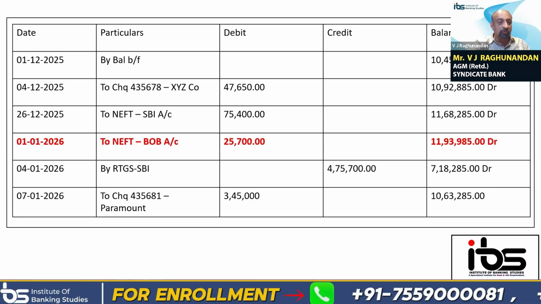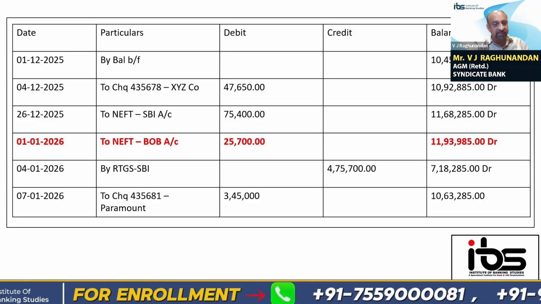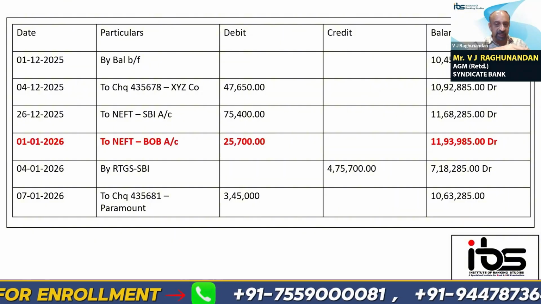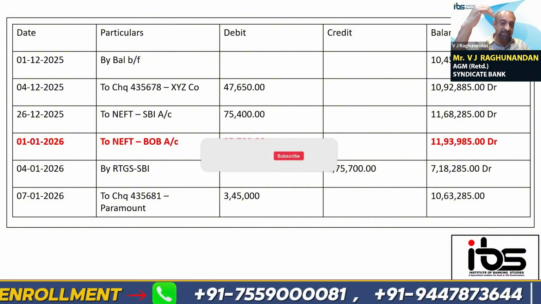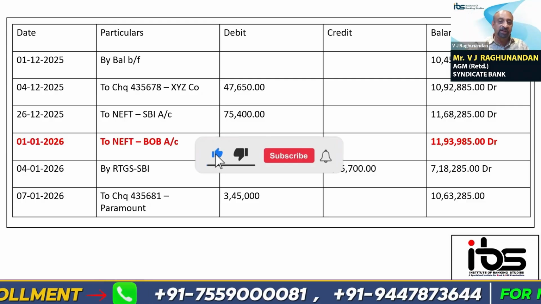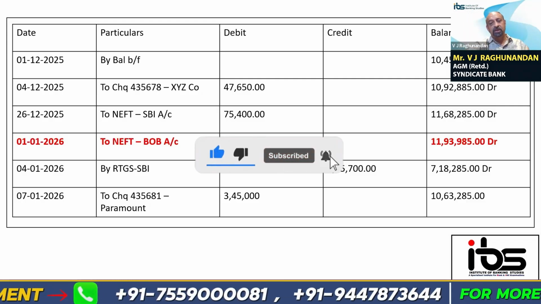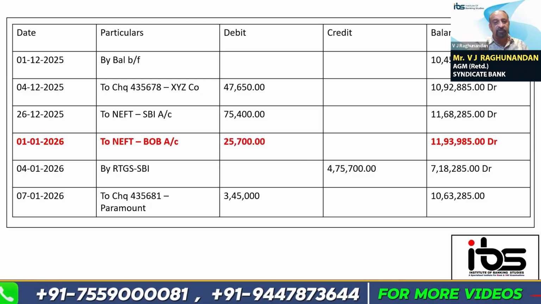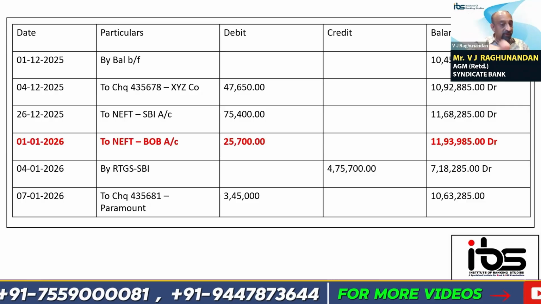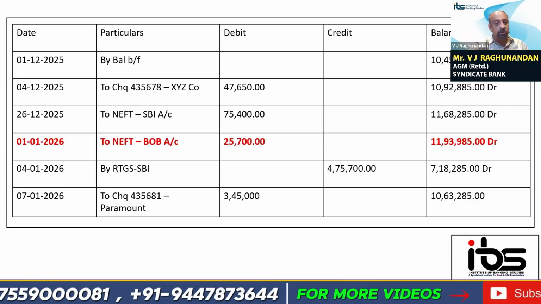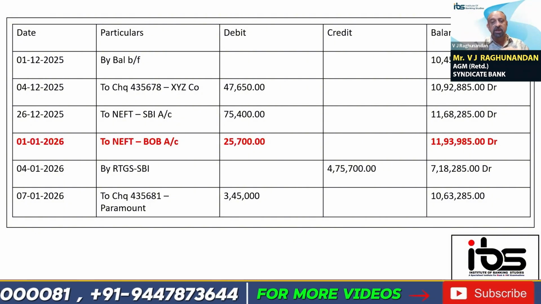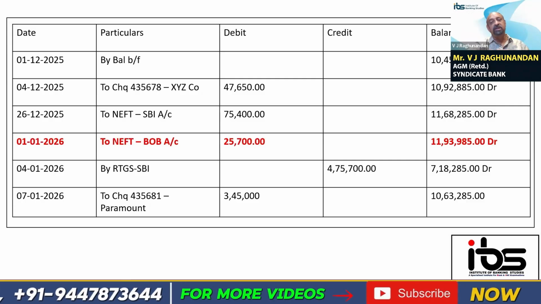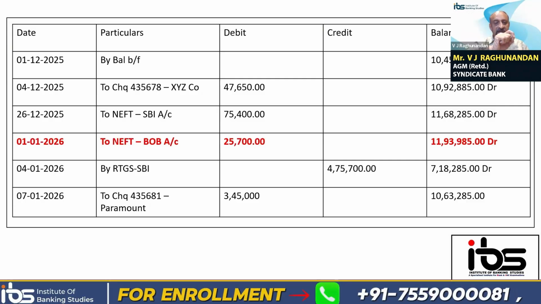But now, as on 4/1/2026, after his death, you have given a credit of 4,75,000 into the account. That means his legal estate will be liable only for 7,18,000 now. Even though the next day you have passed another cheque of 3,45,000, and the balance has gone up to 10 lakh 63,000, the estate of the deceased partner is liable only for 7 lakh 18,000. This is called Clayton's rule.